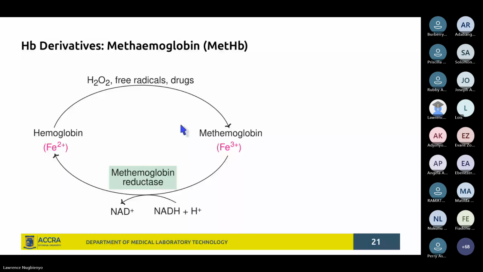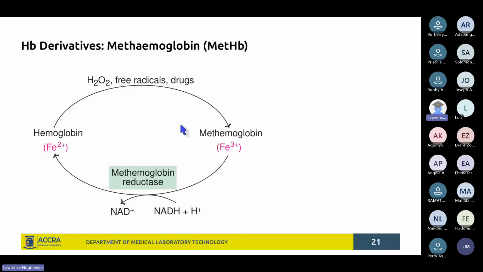Some local anesthetics can also do this. But the good thing is, even naturally without these drugs, you have some amount of the ferrous ion getting oxidized to ferric ion.